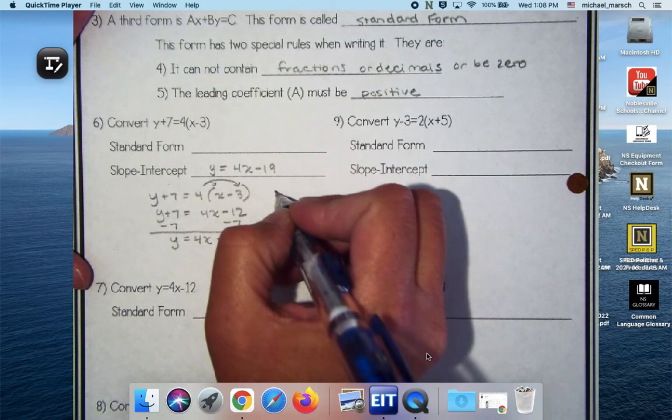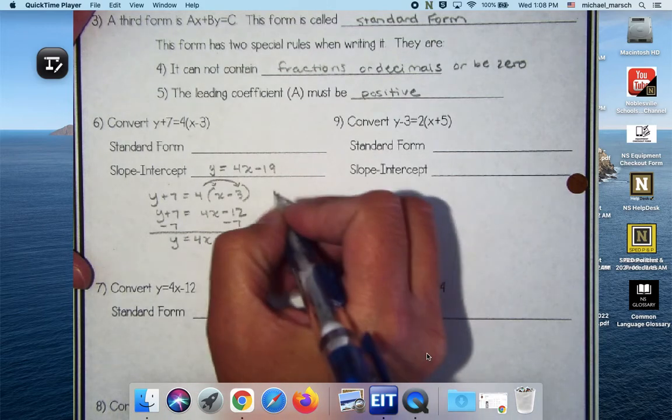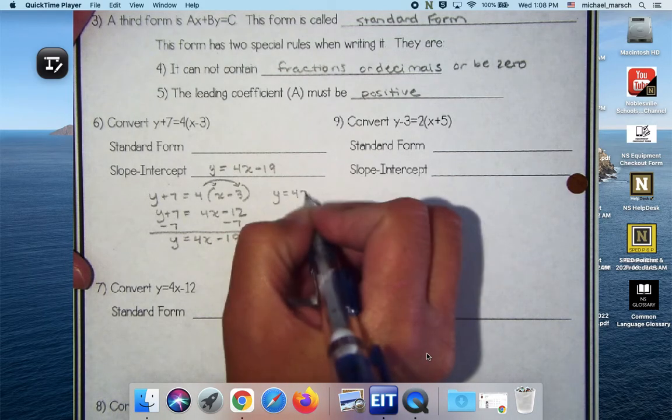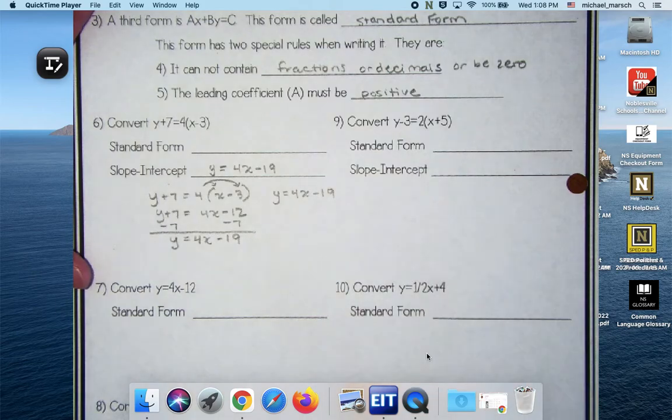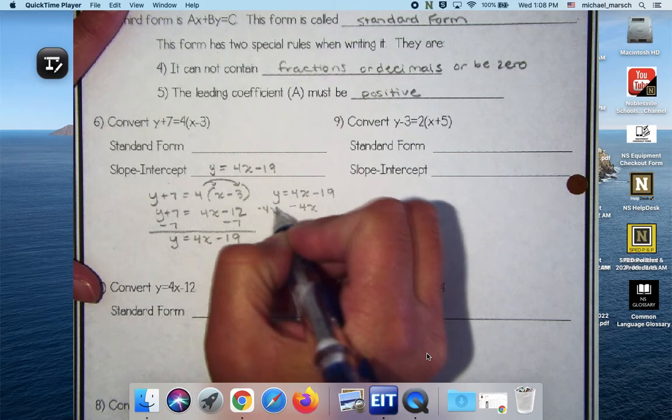Now I'm going to take that and change it into standard. I'm going to probably run out of room, so let me write it over to this side here. How am I going to turn that into standard form? Isn't it add 19 to the other side? Not quite. Jackson? I'm going to subtract 4x on both sides.